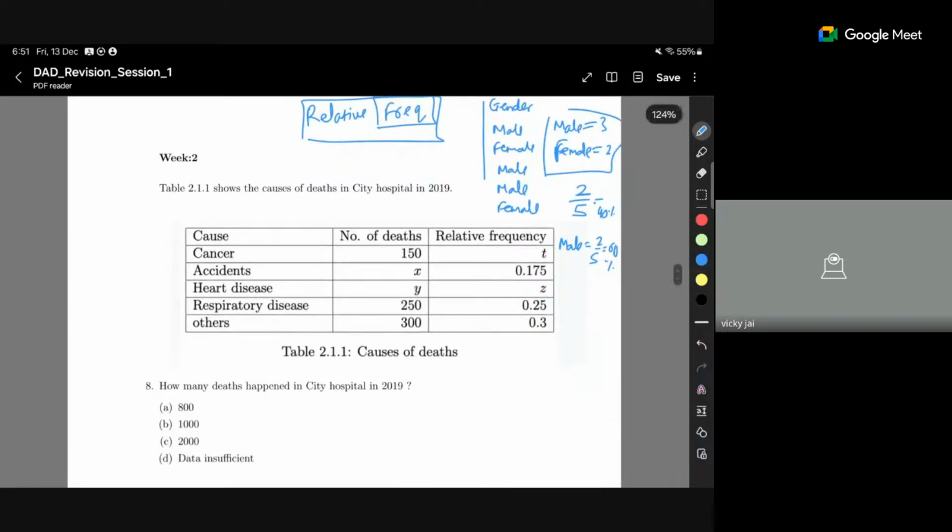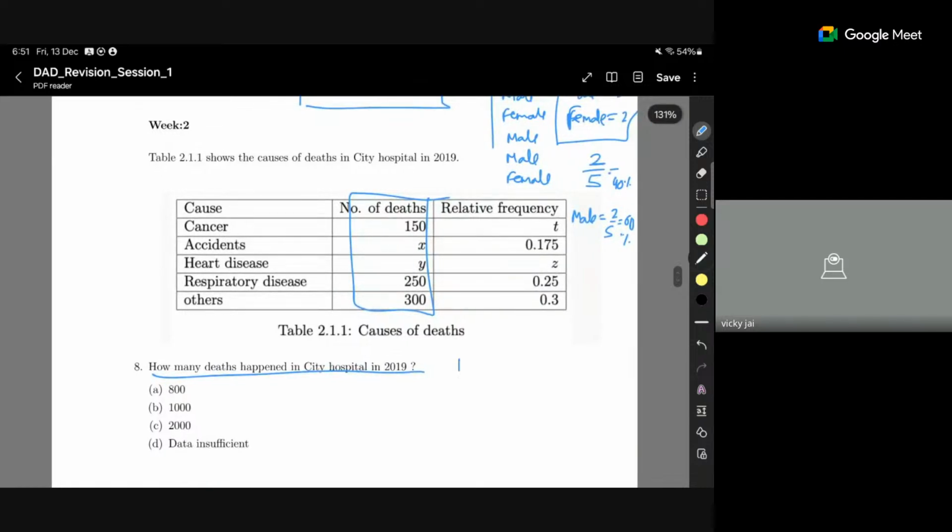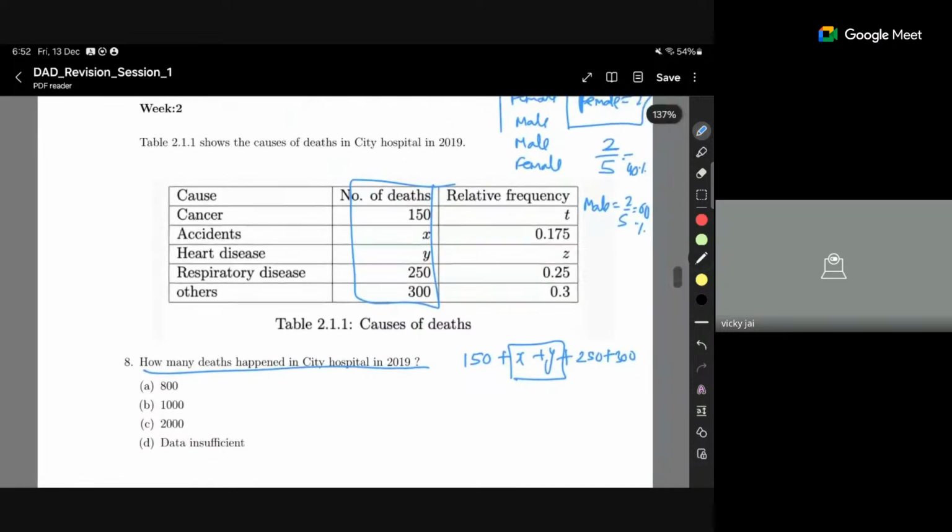So here the frequency is given, and relative frequency is also given. How will you solve this kind of problem, that how many deaths happen in city hospital? This is the summation they are asking, the total number we have to find. So the total is 150 plus x plus y plus 250 plus 300, but we don't know what x and y are.